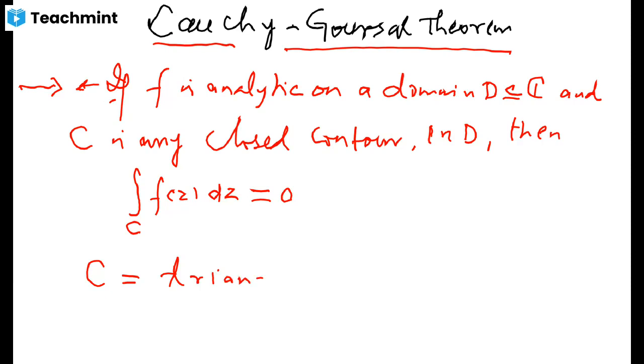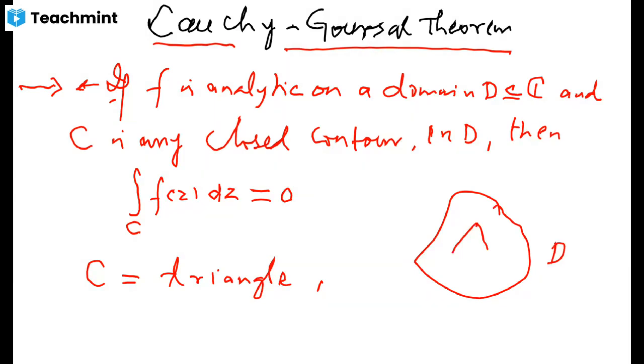If you have a domain D, then first we will prove this theorem when this is a triangle. And this will form our basis to reach this theorem that I just stated here.